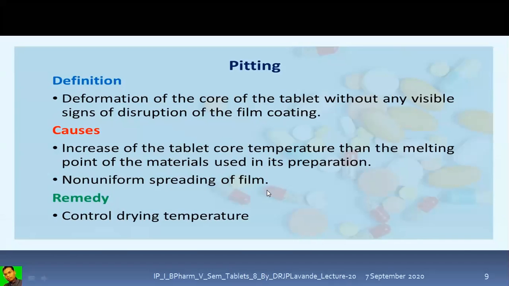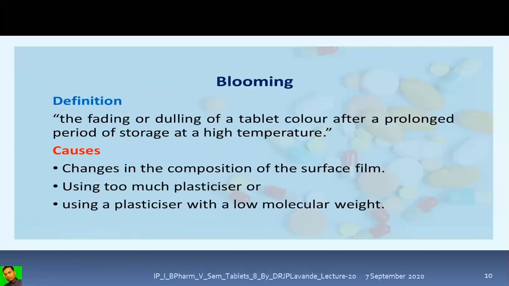Non-uniform spreading of the film and improper spraying of the solution will again lead to pitting. What is the remedy? The remedy is associated with the control of drying temperature, that is, to use the optimum drying temperature. That is the solution for avoiding the pitting problem during tablet coating.